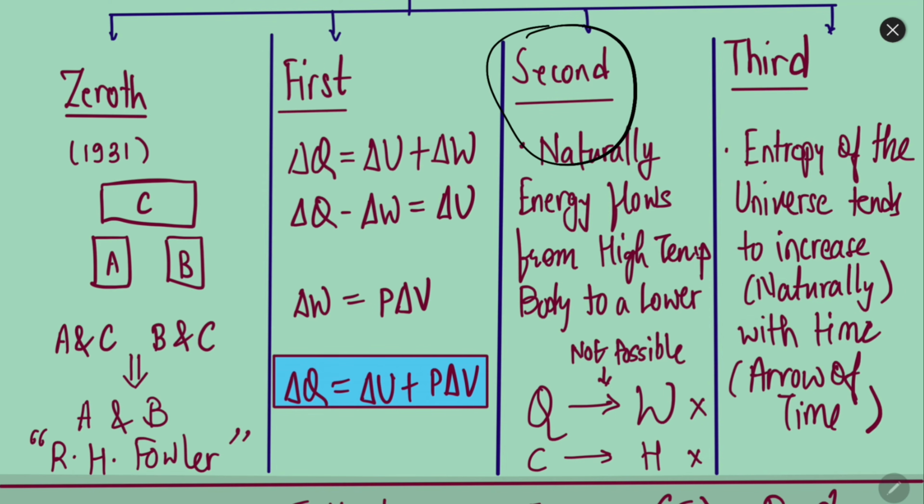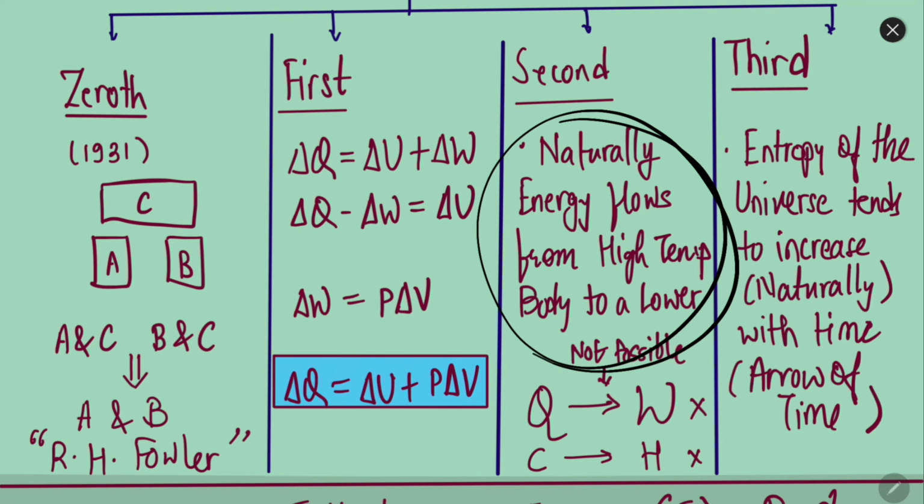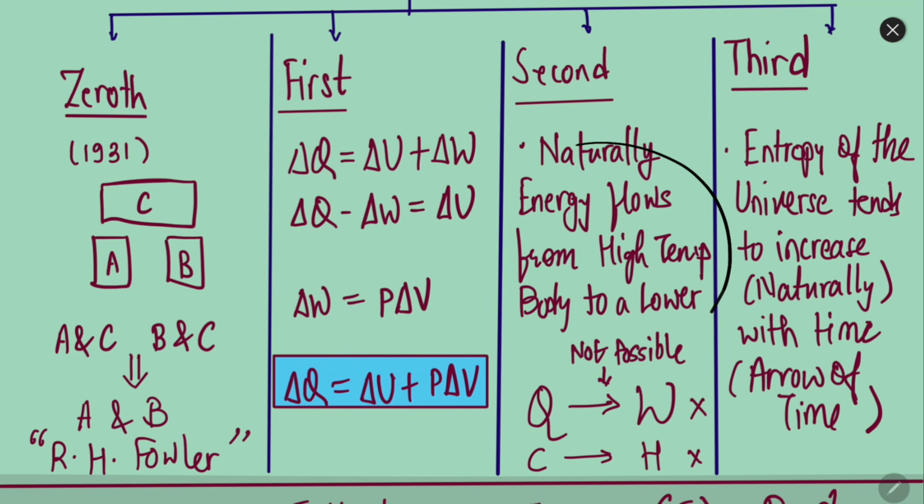This does not mean that we cannot transfer energy from a lower temperature to a higher temperature body, but in that case we will need to supply some energy, we will need to do some work, then only that will happen. But naturally, without us doing anything, energy will always flow from a high temperature body to a lower temperature body.